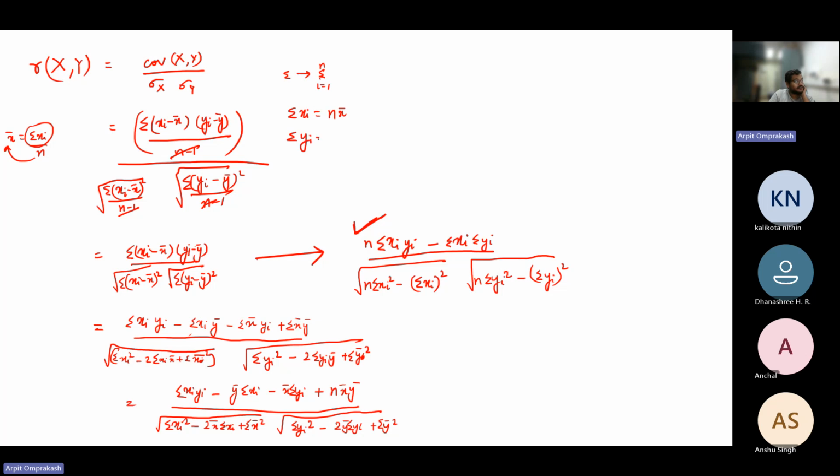Similarly, summation yi is equal to n into y bar, right? So using these substitutions, we can get that here. This will turn into n into x bar, this will become y bar into n, then here we'll have n into x bar, and here we'll have n into y bar, right?